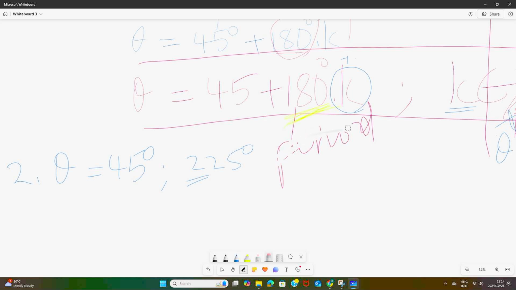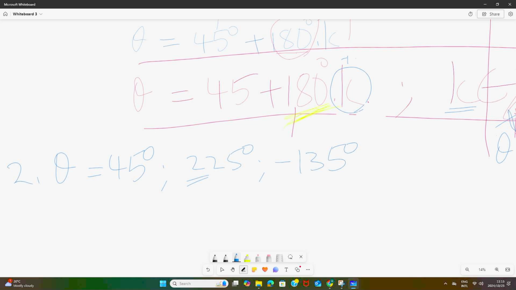When we are adding 45 degrees there, our other angle will be equal to negative 135 degrees. Can we take k, which is negative 2? If we're taking k which is negative 2, we'll have minus 2 times 180 degrees, which will give us negative 360 degrees.